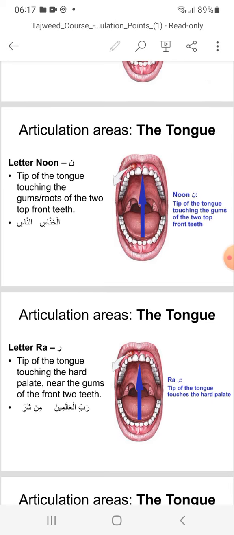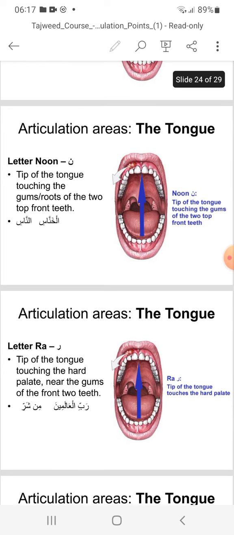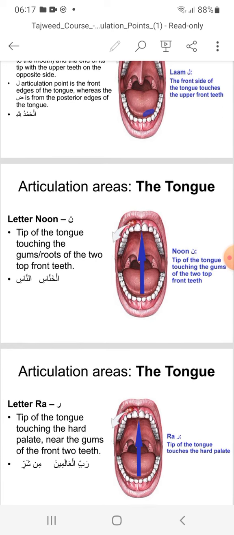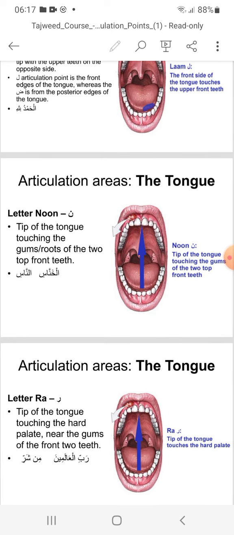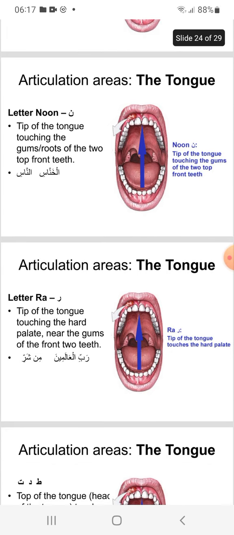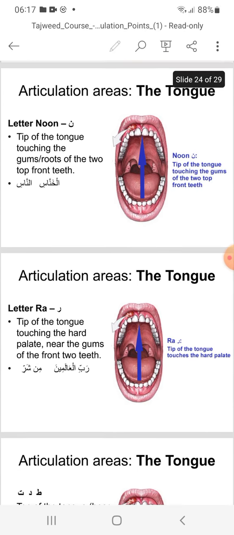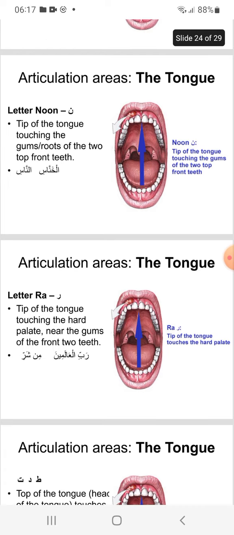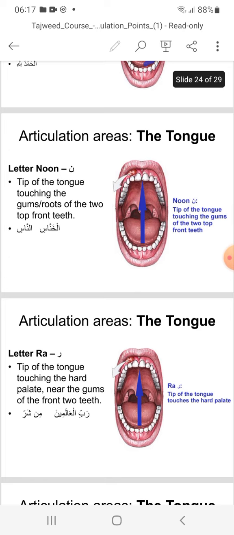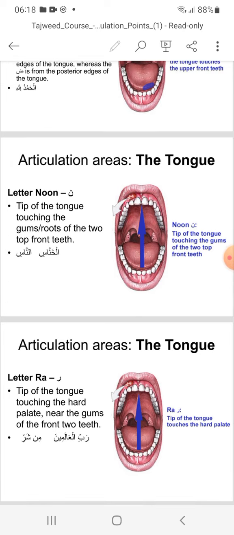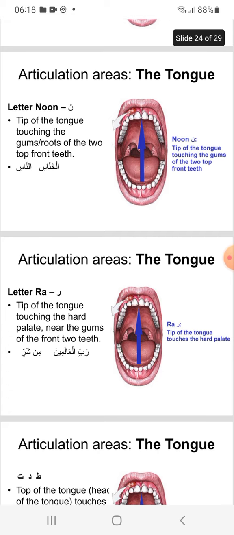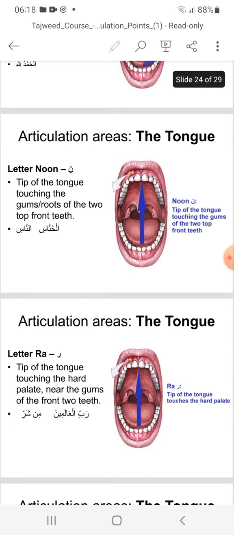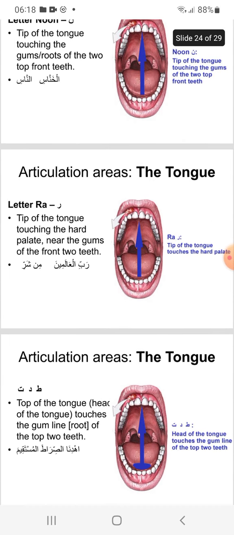If you touched with the whole part of the tip, this will not leave a chance for the air to go back and show the ra. And what else is going to happen? The air, when it is trapped this way, will push the tongue down again and again, producing the repetition like that. So you have to make sure there is a gap. Your tongue is like a sandwich. The sides of the tongue are just touching in this area, but the middle part has a small gap.